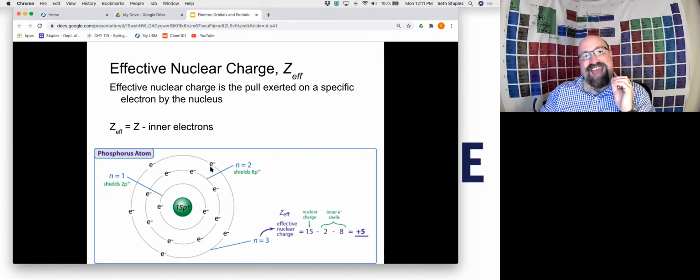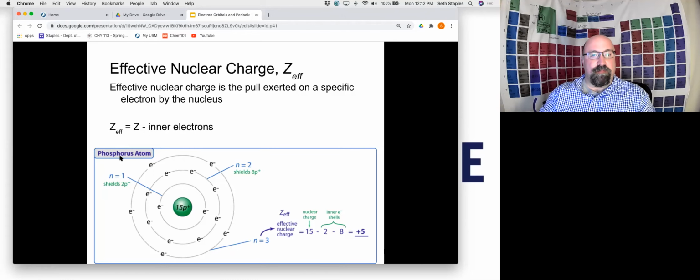To calculate the effective nuclear charge, we're going to use a simple calculation. I can't remember, honestly, if your book goes into the more complicated calculation. There is a more complicated calculation as well, but we're just going to look at the simpler one, where the effective nuclear charge is equal to Z, remember, Z is just the atomic number, minus any of the inner electrons.